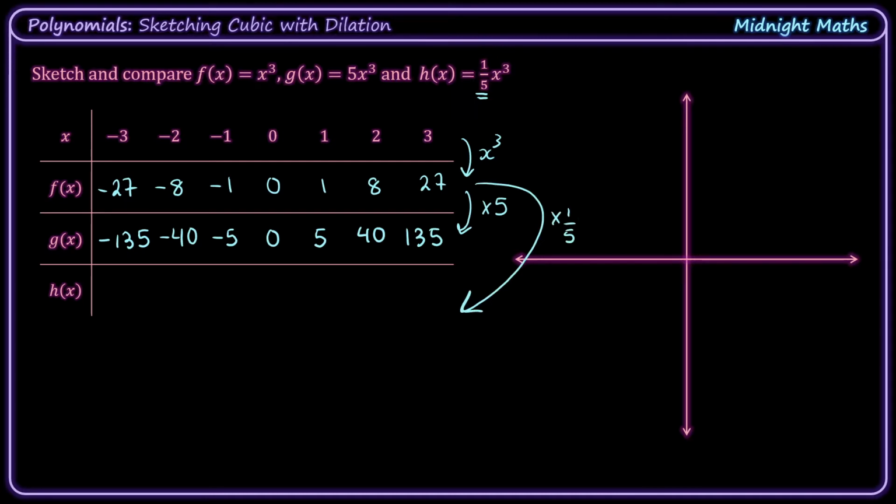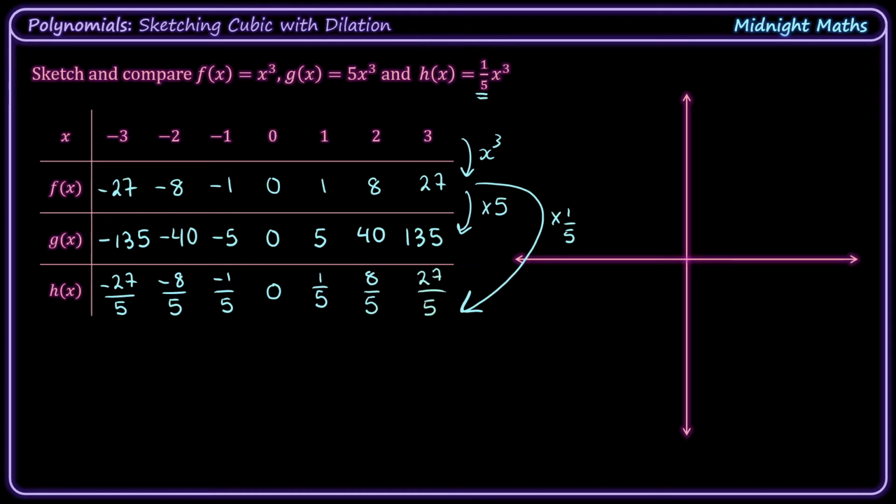Starting with -27, multiplying that by 1/5 is the same as dividing by 5, and there are no common factors, so I have to leave it as a fraction. Same with the 8, the 1, 0 divided by 5 is still 0, and then the same thing happens on the other side: 8/5 and 27/5.